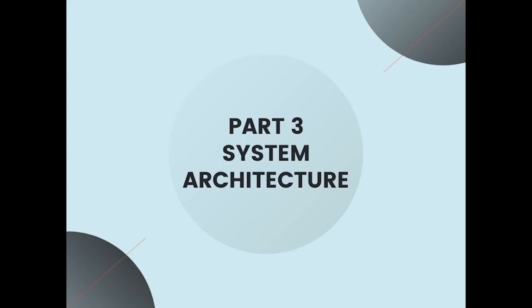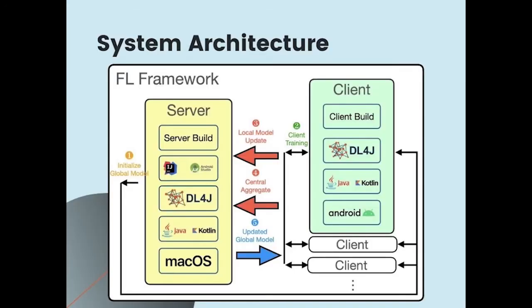Part 3, System Architecture. This system is mainly divided into two parts. The first part is the server side, and the second part is the client side. First of all, on the server side, this system uses Kotlin as the main programming language.